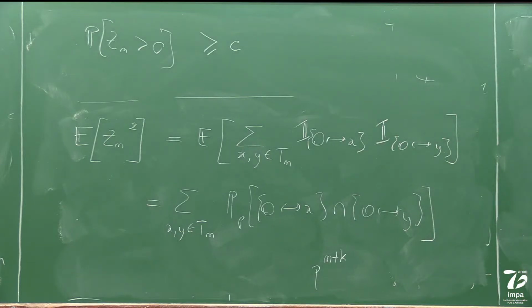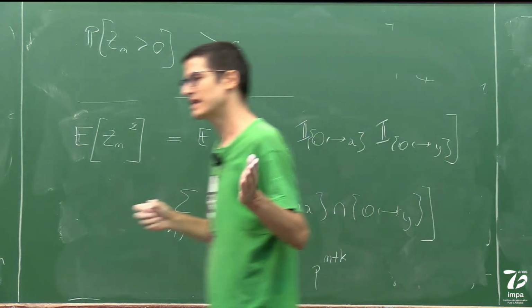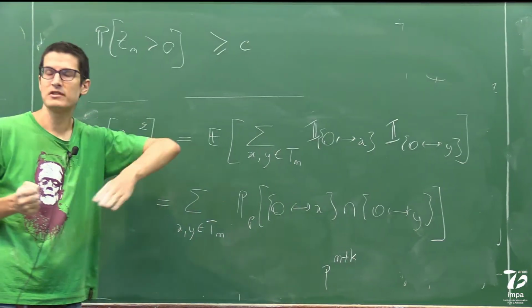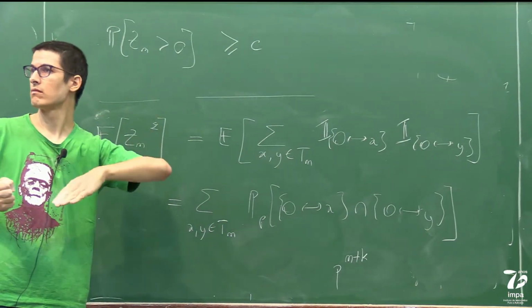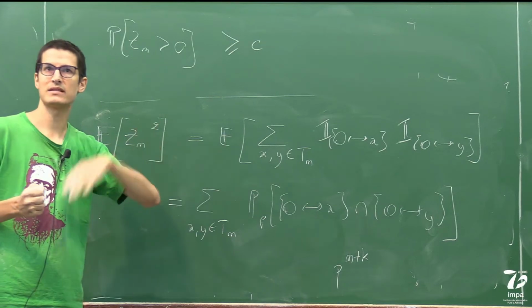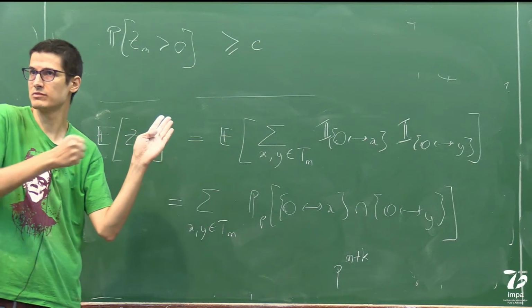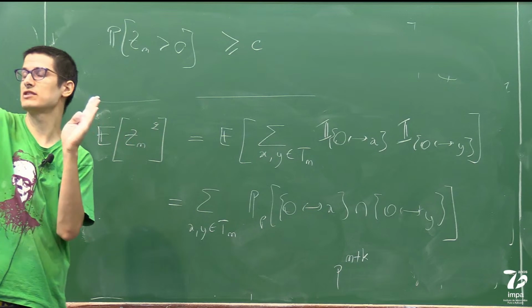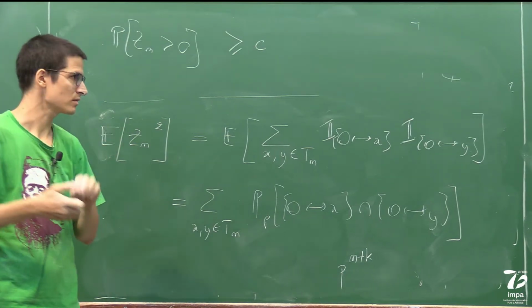Okay, so now I have to find the number of pairs x and y that correspond to a given value of k. Basically, all the vertices in the tree have the same role. So I can choose x as I want. What's important is then the relative position of y for x.